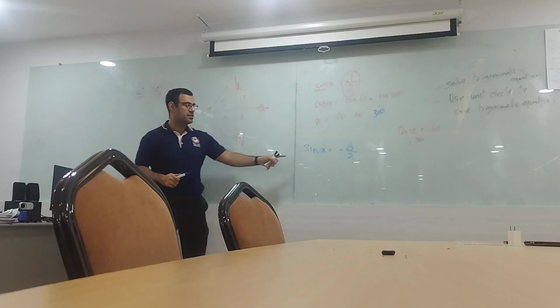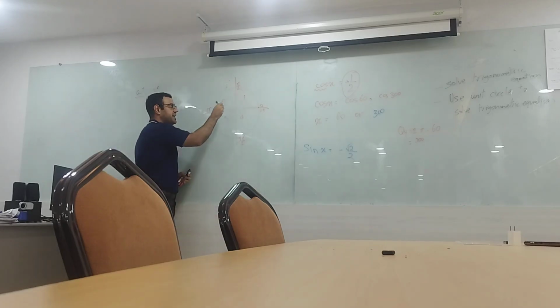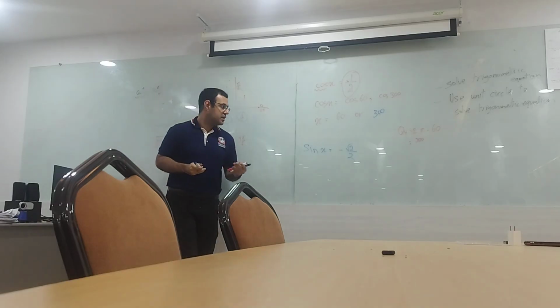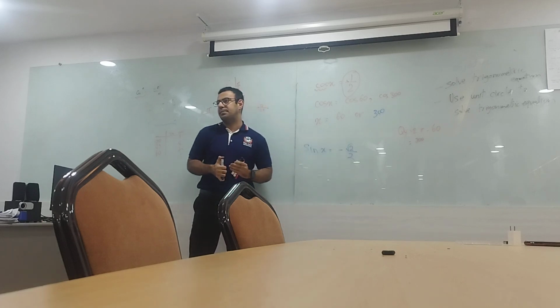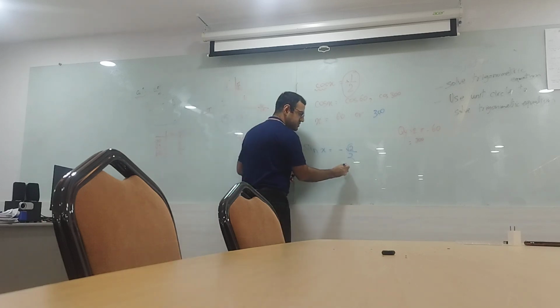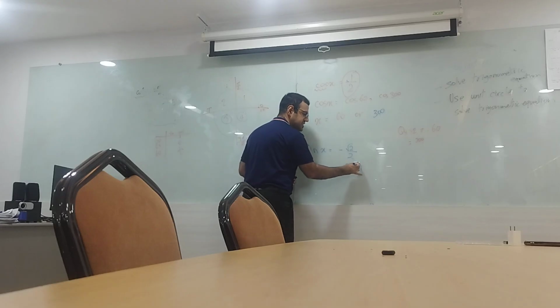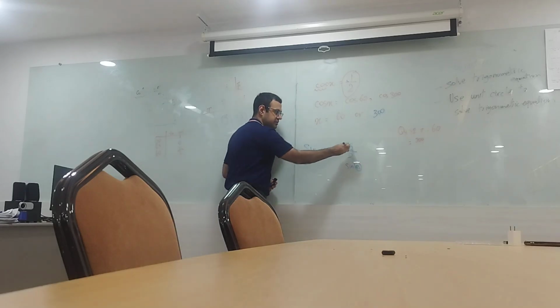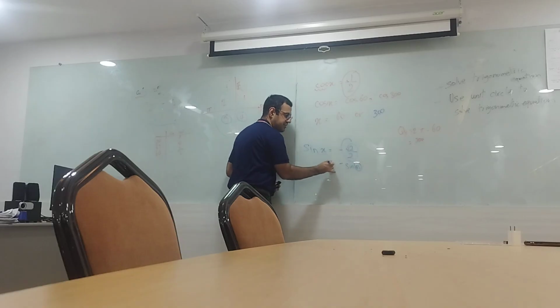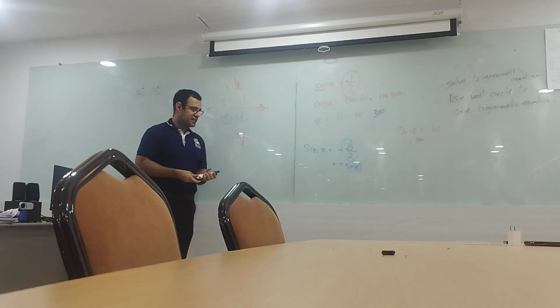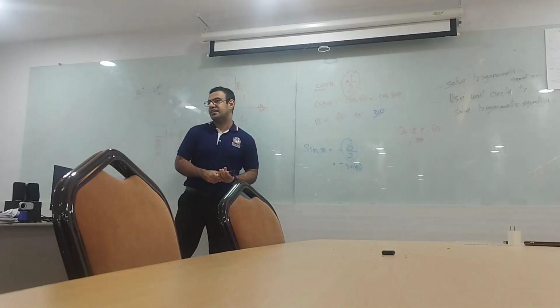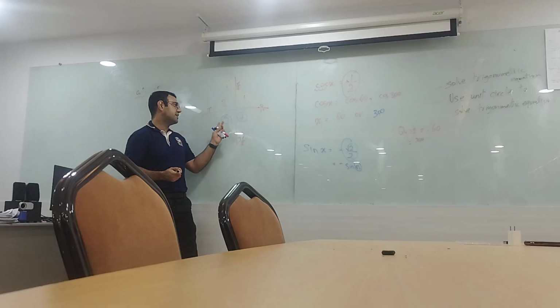Correct. So first, let's write it as sine 45. The angle is 45 for this number only, and here we have negative sine 45.